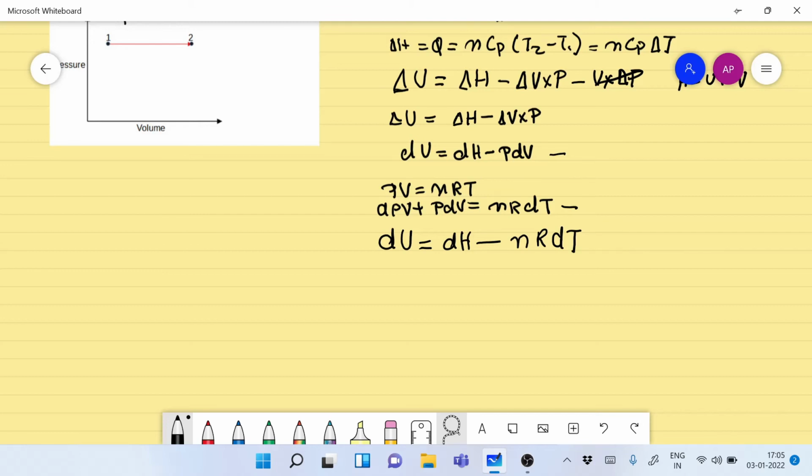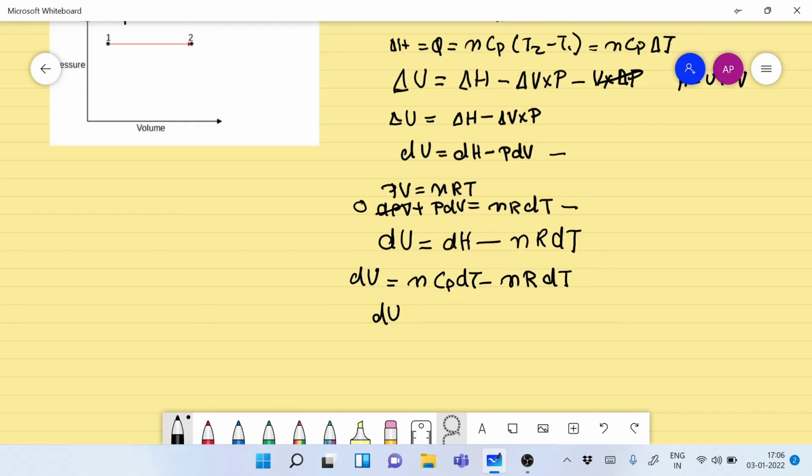It should be noted here that the V dP term is 0 since the pressure is constant. Therefore, we get dU is equal to n Cp dT minus n R dT.